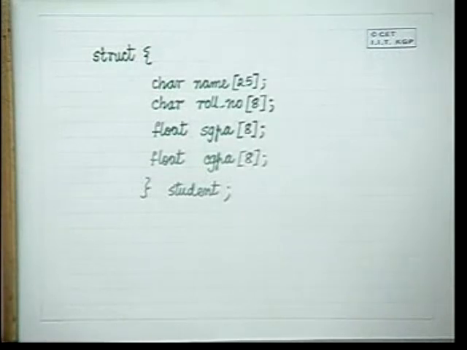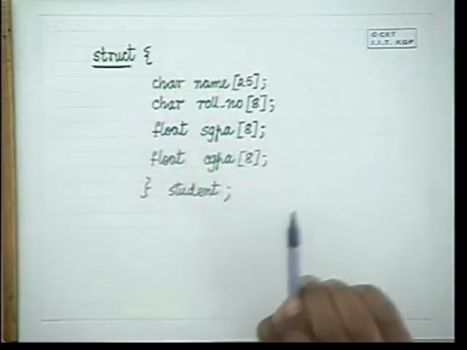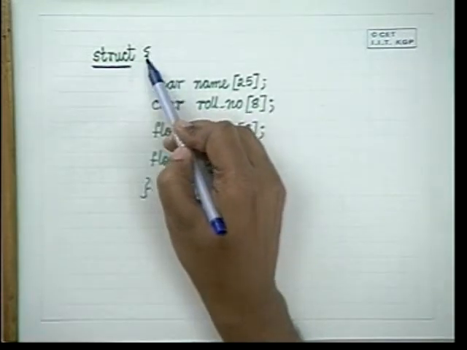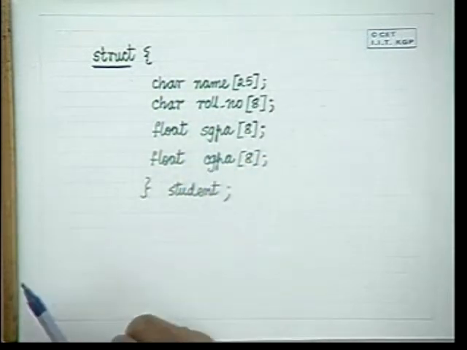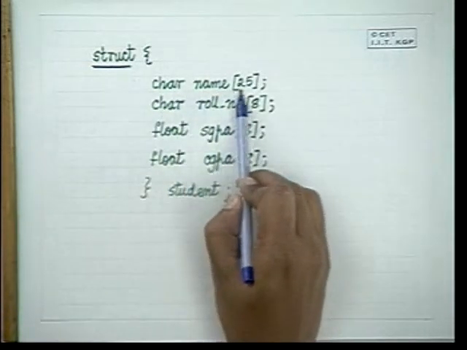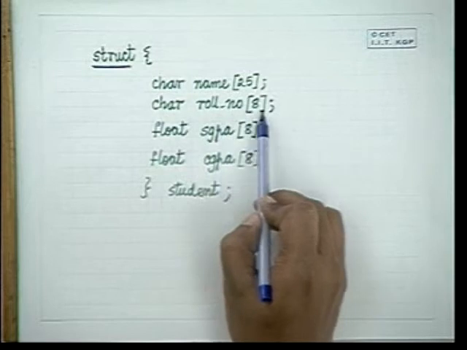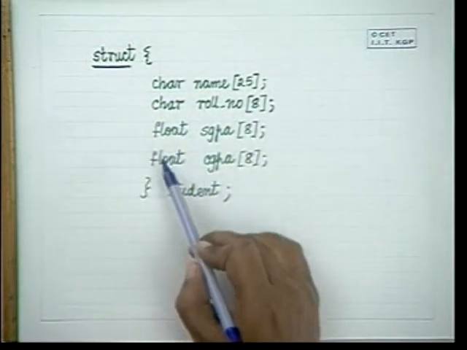This is one form of defining a C structure. You have a keyword struct, and within this bracket you will define the structure. Char name 25, char roll number 8. You can even define a structure inside a structure, that is no problem.